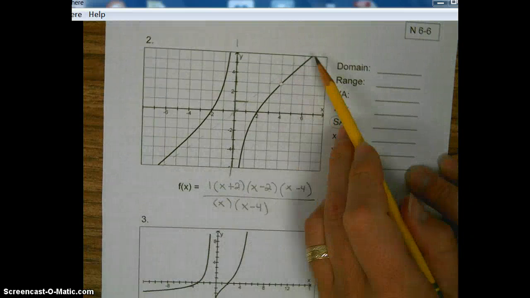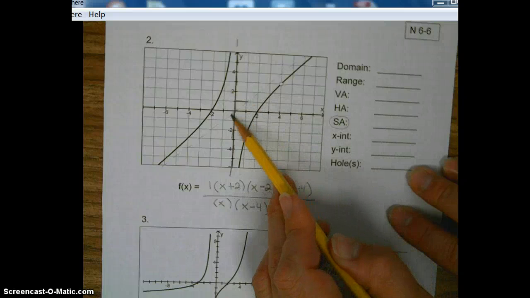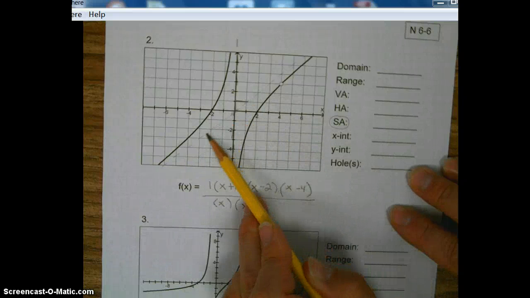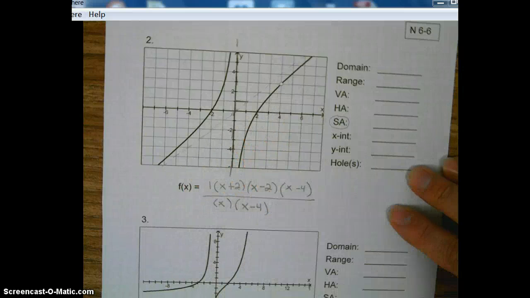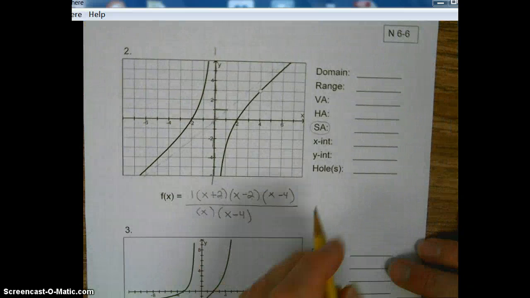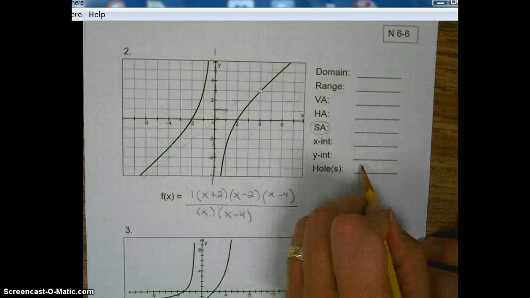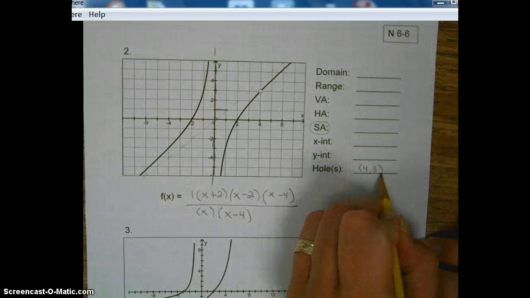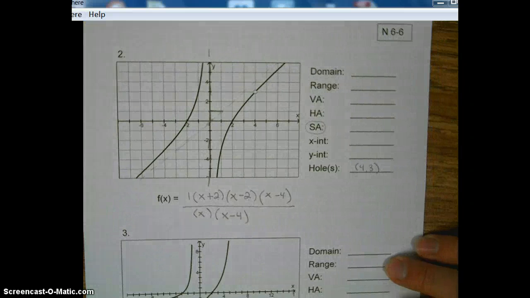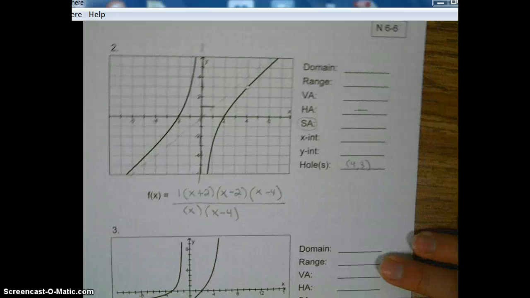Okay, so some of you may be asking, well, how did I come up with that slant? Well, I just kind of eyeballed it. For right now, we're just going to eyeball that slant. And so our hole is going to be at 4, 3. Now, it does not have a horizontal asymptote, so that one is not there.